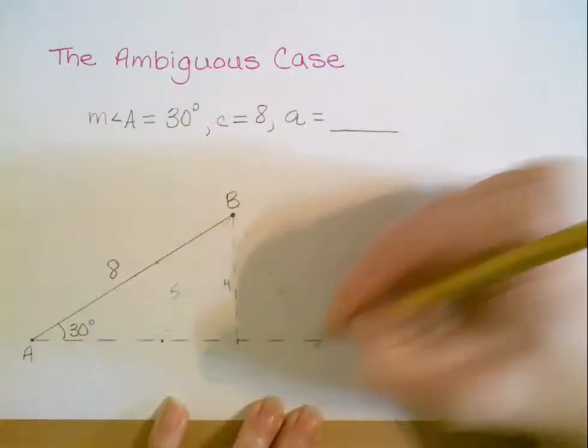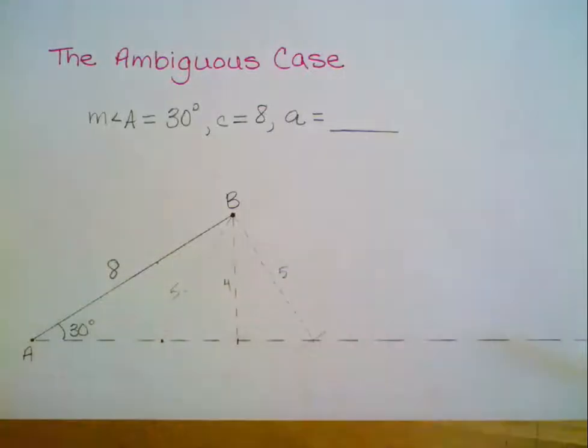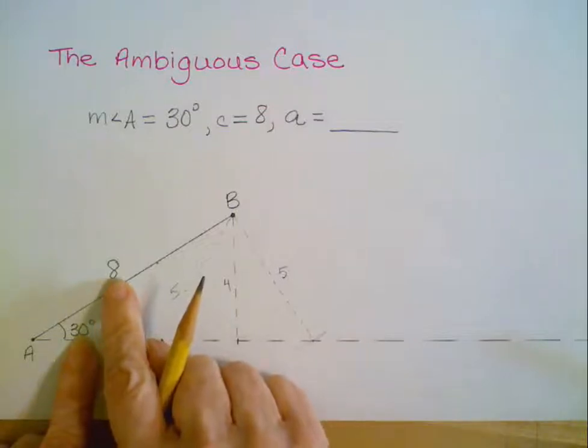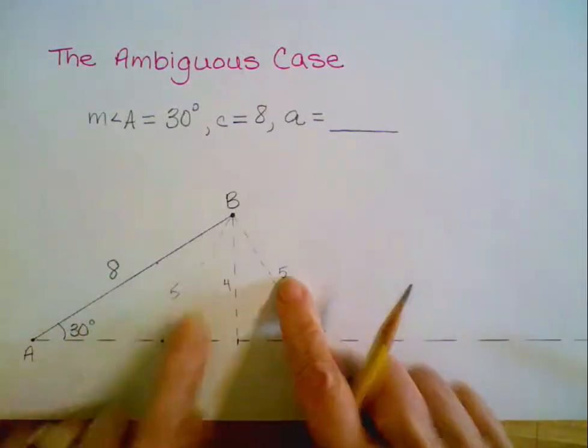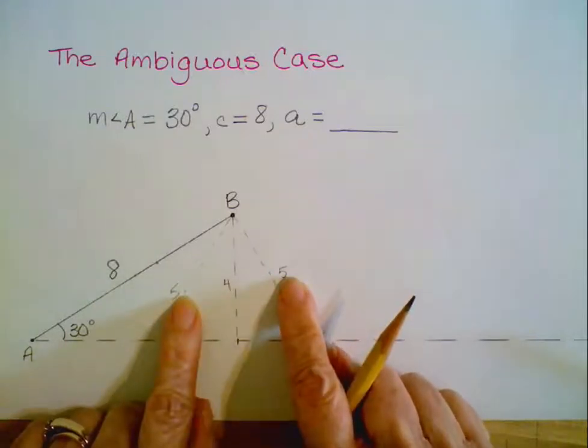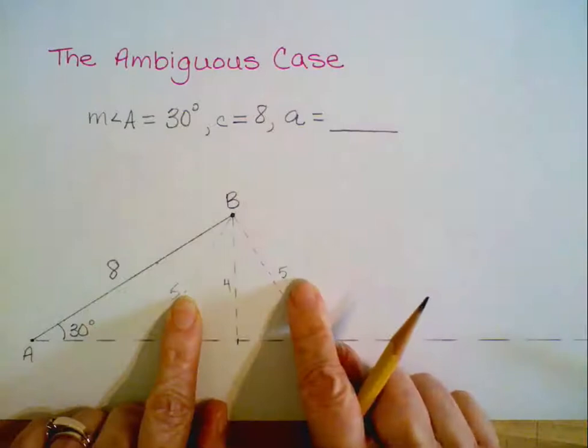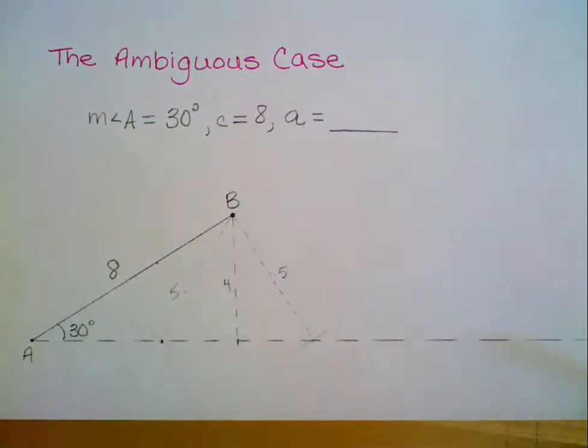Keep in mind, in each case, we'd have the same 30-degree angle and the same side C that would be 8 units long, and then here or here produces a side opposite angle A, which is that side A with length 5. And that's why we refer to it as the ambiguous case.